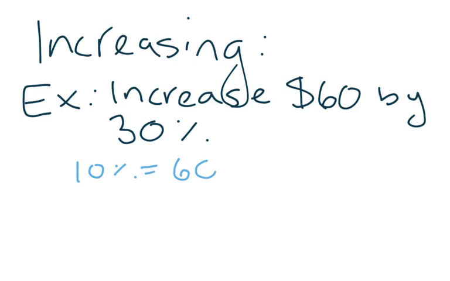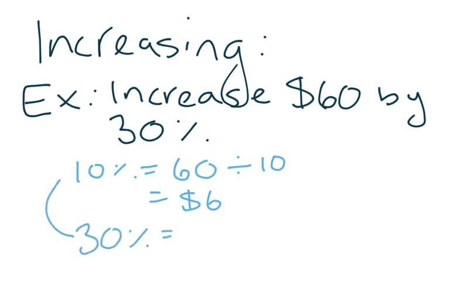So we do 60 divided by 10, which gives us $6. And then to find 30%, we do times 3 on this side because we need 3 lots of 10% to make 30, which means we multiply this by 3 as well, and we get $18.